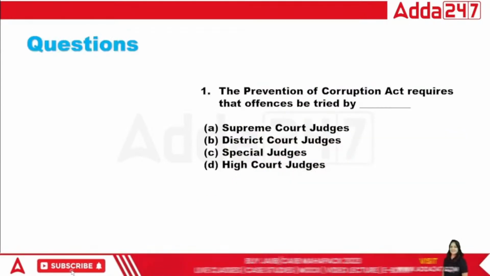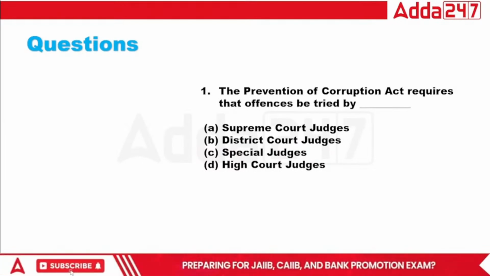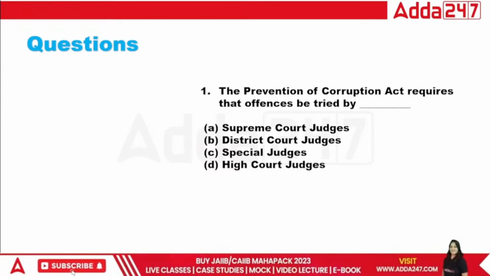Okay. Now, come to the question. The Prevention of Corruption Act requires the offences to be tried by Supreme Court judges, District Court judges, special judges, or High Court judges. What will be the right answer?